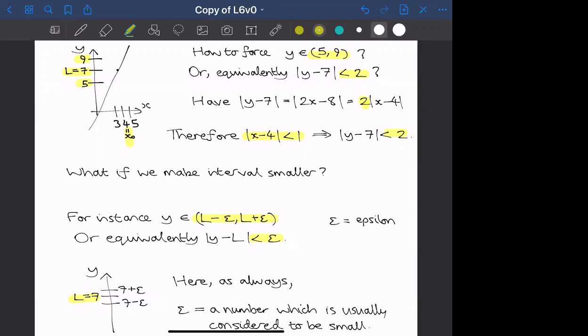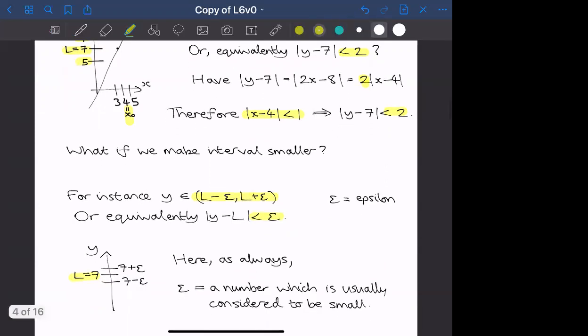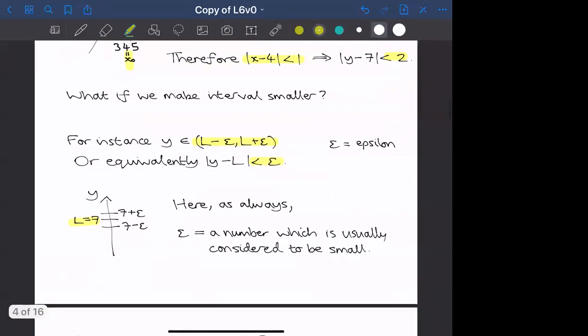So it can be any positive number, but the idea is that we're allowed to make it very small. That's the point of the definition, that we want for very small epsilon to be able to force the value into that interval. So I just said a number that is usually considered to be small.